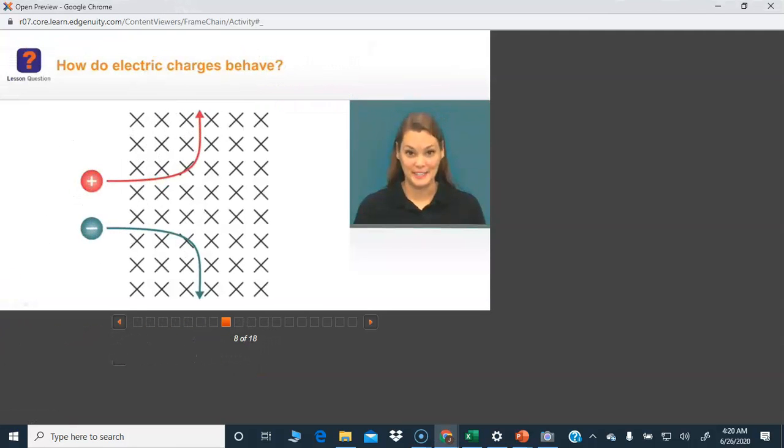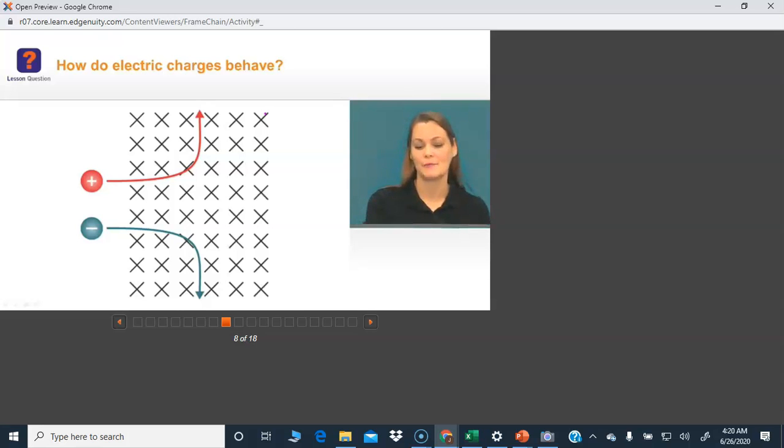You've been doing a great job answering the lesson question, how do electric charges behave? We've learned a charged particle forms a field that can exert a force on other charged particles. Now, just because we mentioned a field and applying forces to one another does not mean that this is a play diagram for football. This is a drawing of two charged particles moving in an electric field.